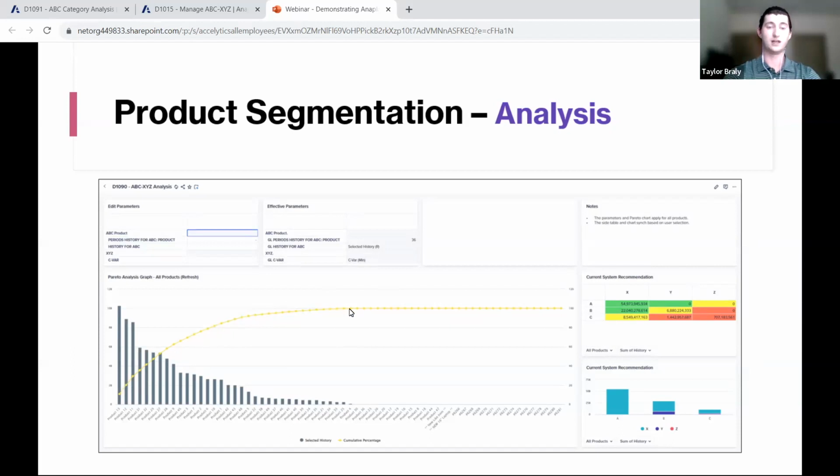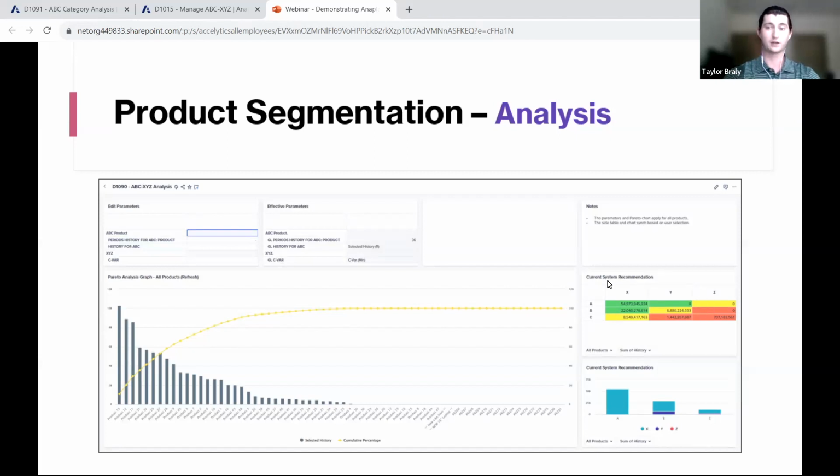Then we have this trend line, which is based on the cumulative history that each of these products contribute towards the history. We start from the left and go up into an almost logarithmic curve until it smooths out at about 100%.